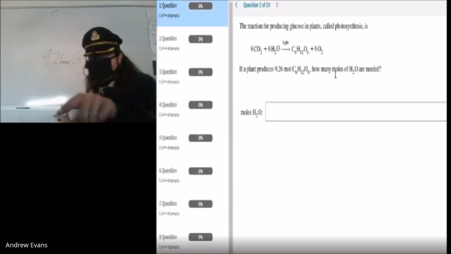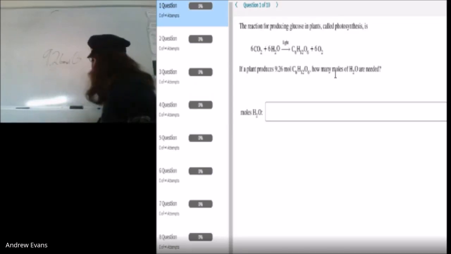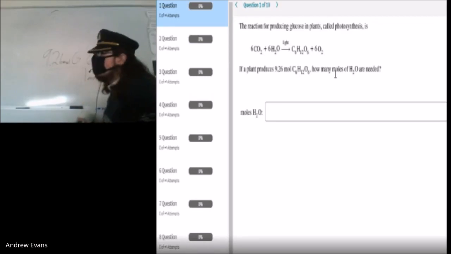And we look at the balanced chemical equation. For every 1 mole of our glucose, we would need 6 moles of our water. Now we would set it up. So do we multiply or divide? Well, we have to multiply. Why do we have to multiply?